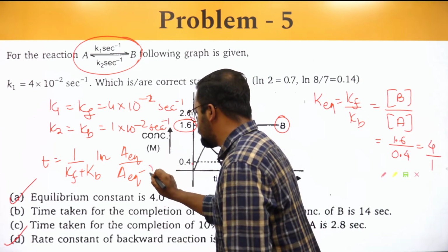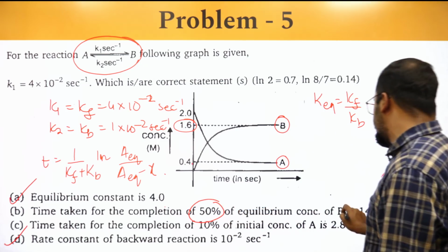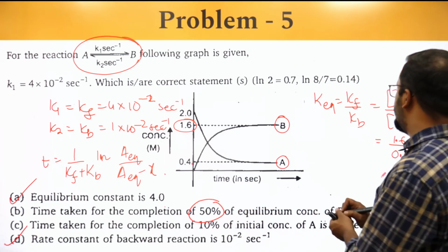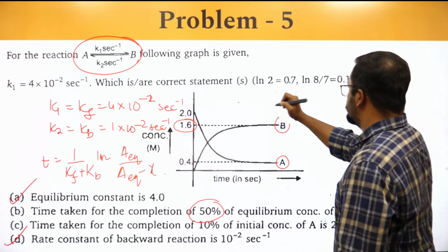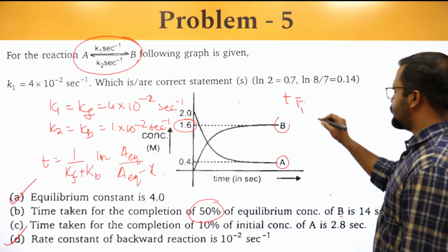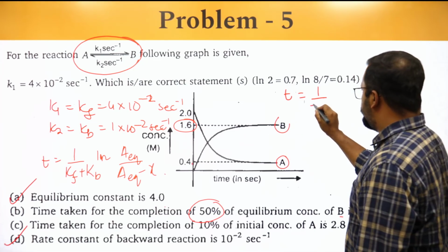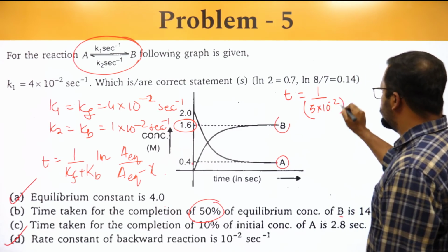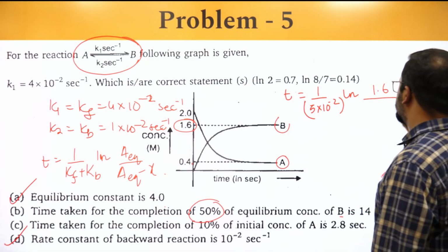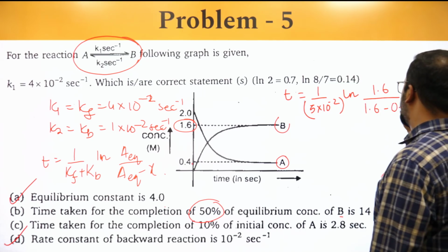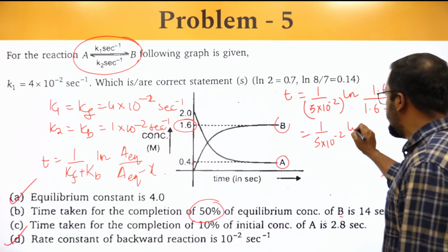So we write X instead of A. Now the question is, time taken for the completion of 50% of equilibrium concentration of B is 14 seconds. What is the equilibrium concentration of B? It is 1.6, and this is 5 times 10 raised to minus 2 ln 1.6 by 1.6 minus 0.8. This will be equal to 1 by 5 times 10 raised to minus 2 ln 2.